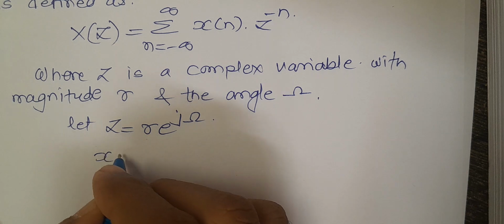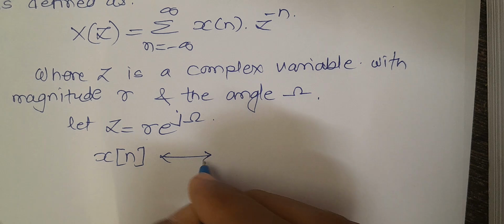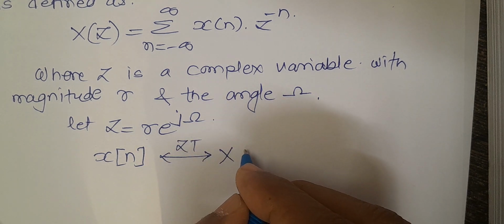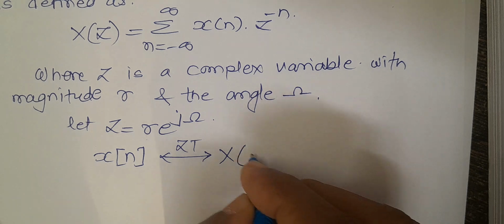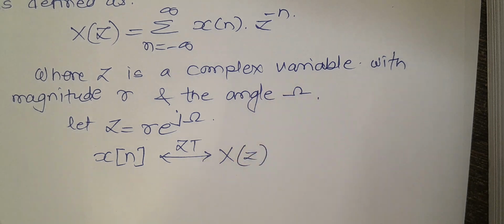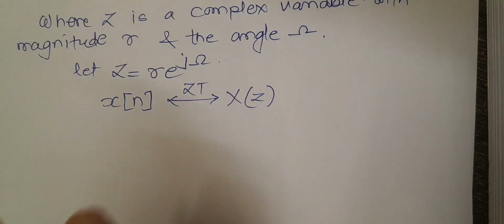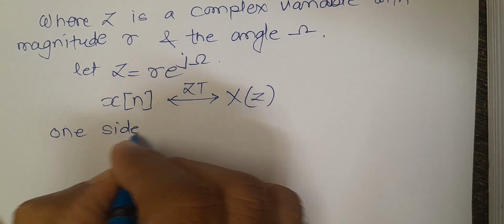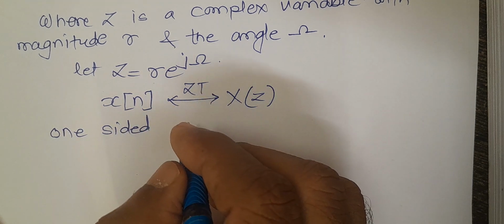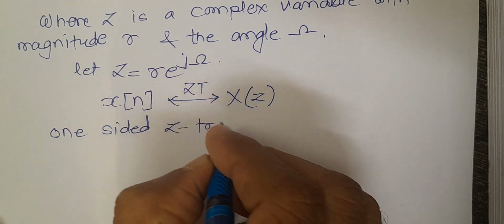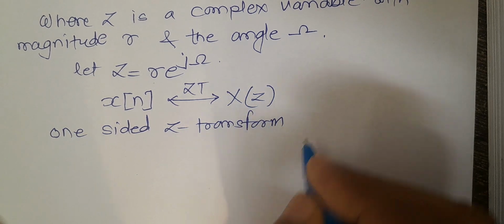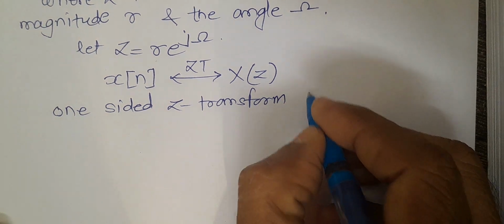So x of n, its Z transform is equal to x of z.